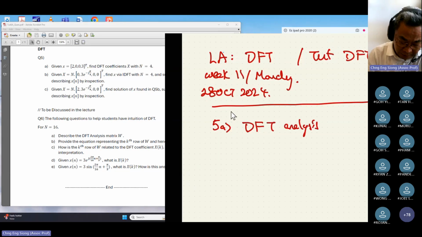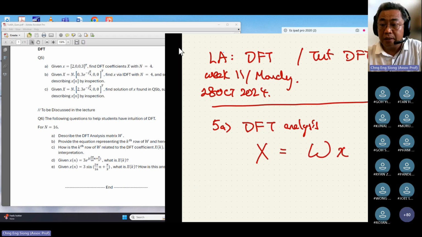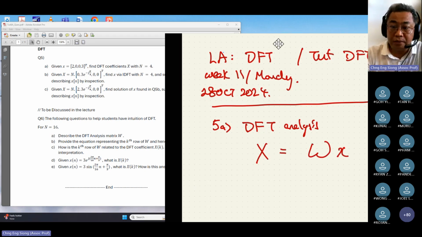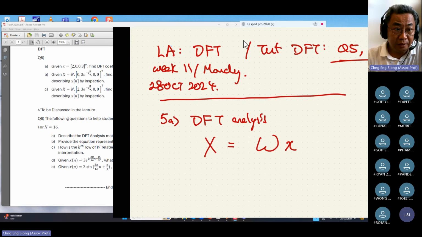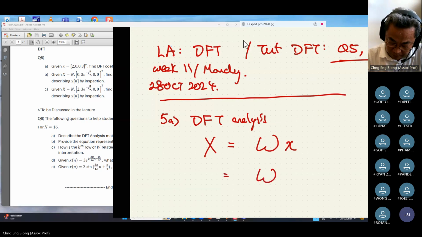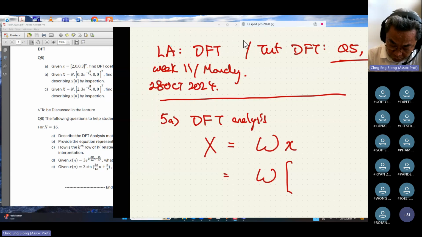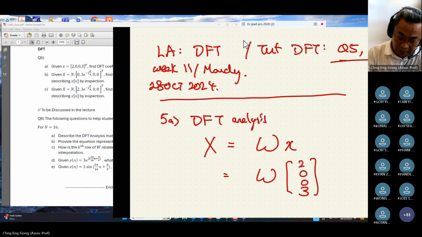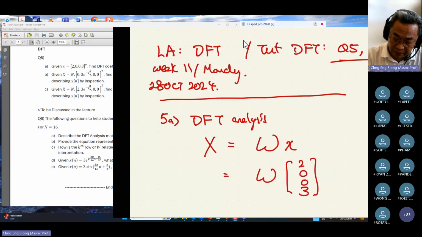And it's analysis because we are asked to find the big X given that we have the small x. And you realize that this is the problem that we are being asked to find. And then therefore what is W?